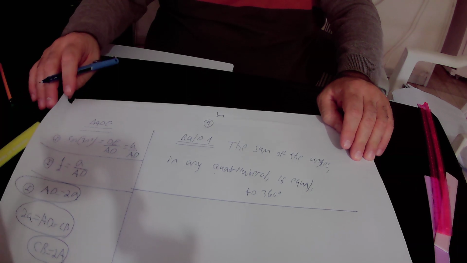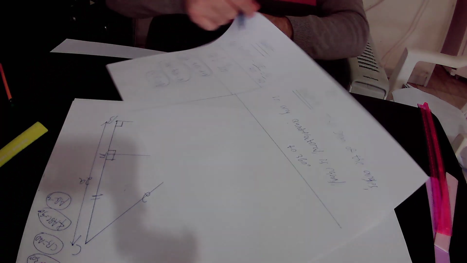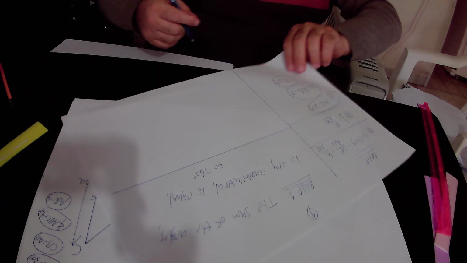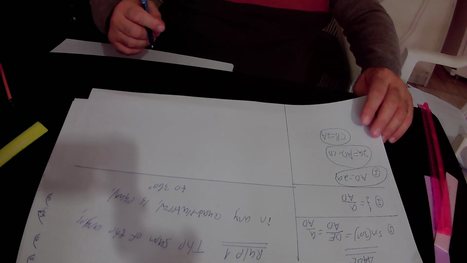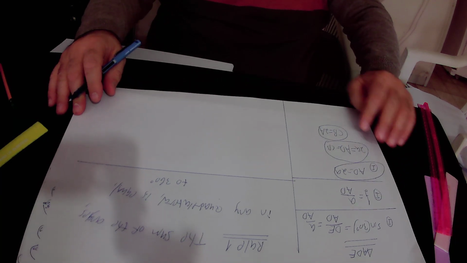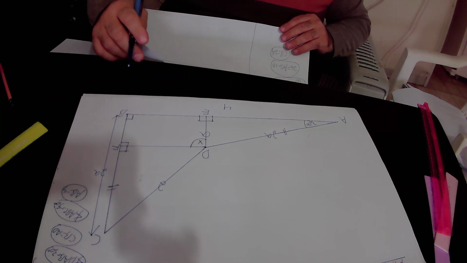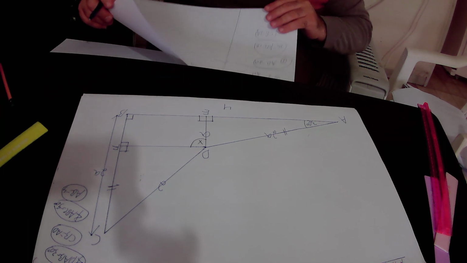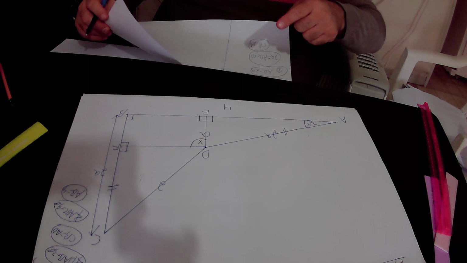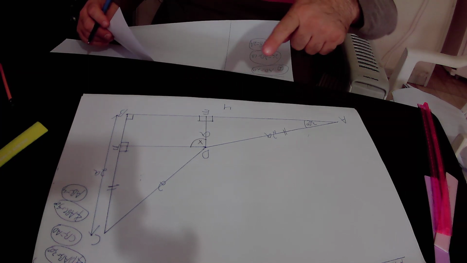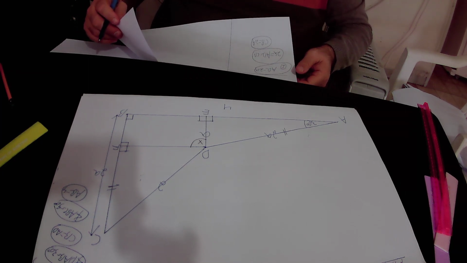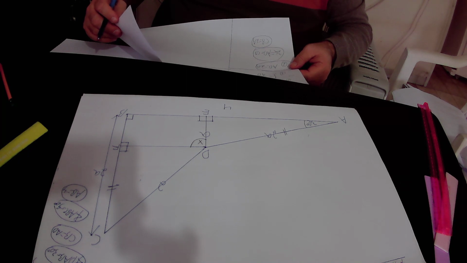So actually, rule number 1 is true, especially in quadrilateral DFEB. The sum of the angles in quadrilateral DFEB is equal to 360 degrees according to rule number 1.